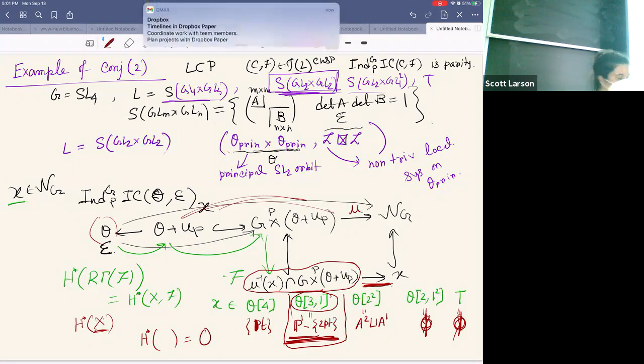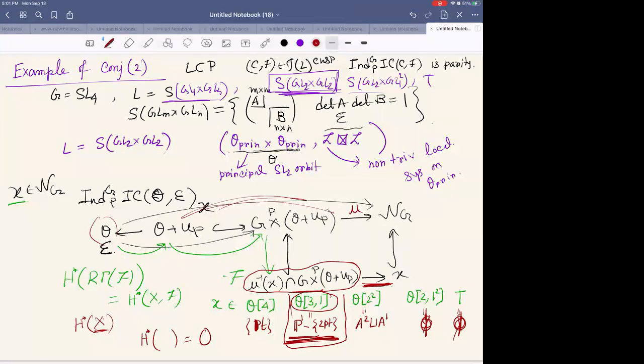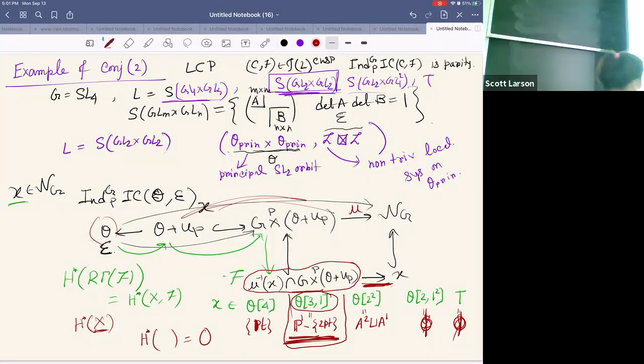Follow the green arrows, or do you just get derived global sections of the local system? Are you asking about this, going from epsilon to... I'm just pulling back, right?